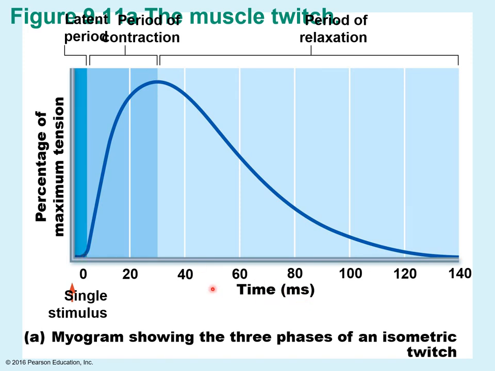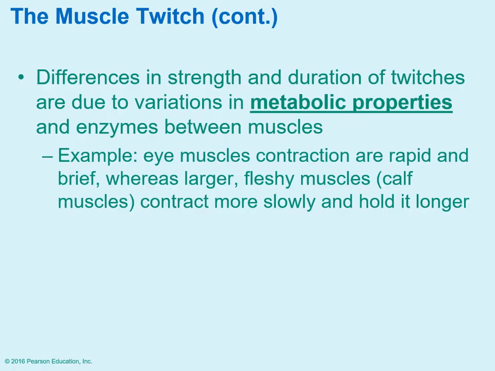And the time here is milliseconds. And then, boom, here's your period of contraction. But to get back to that resting state, getting all that calcium back into the SR, everything is relative, it takes a longer time period to do that. That's your period of relaxation.